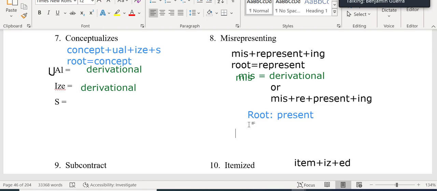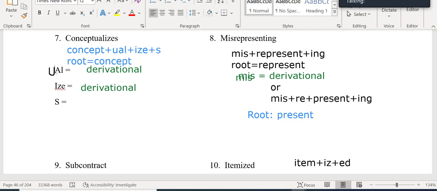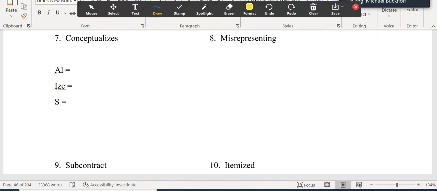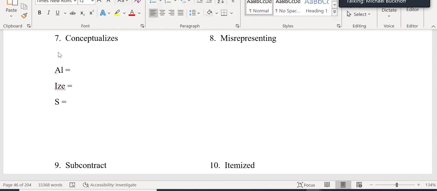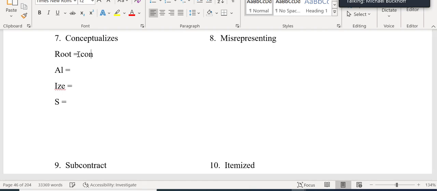Can you please repeat that? Yes, let's look at it together here. Let me put this up. Okay, I'm going to clear everything for a minute. Okay, so here we have the root, then we got conceptual, and we have noun to adjective, right?